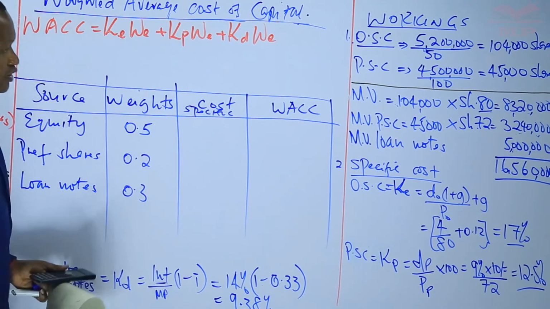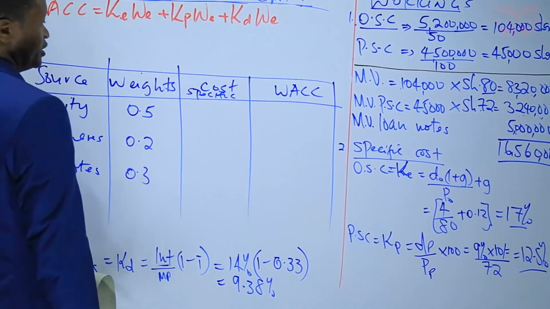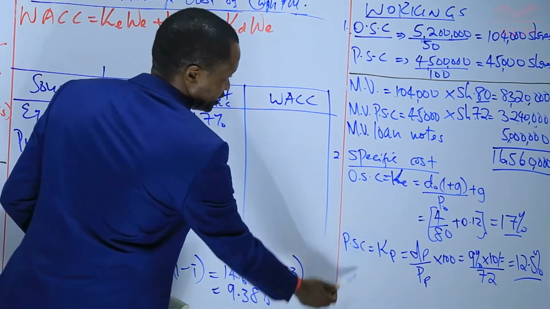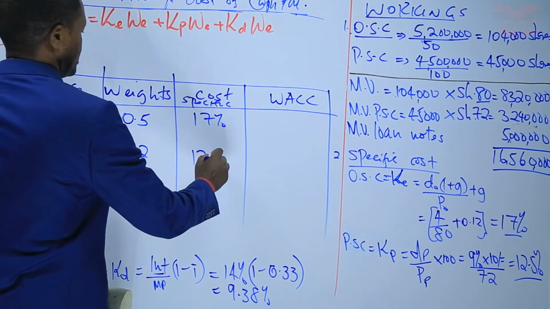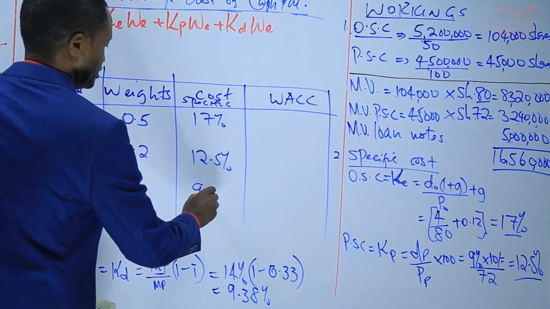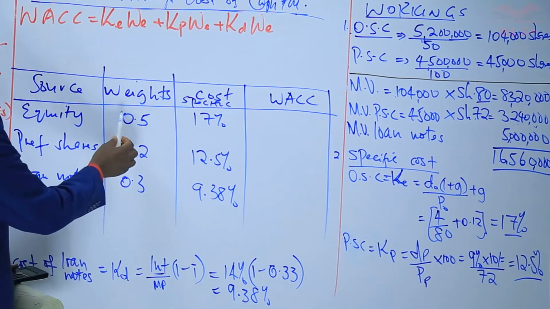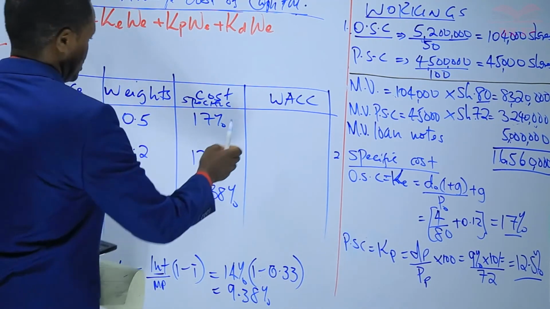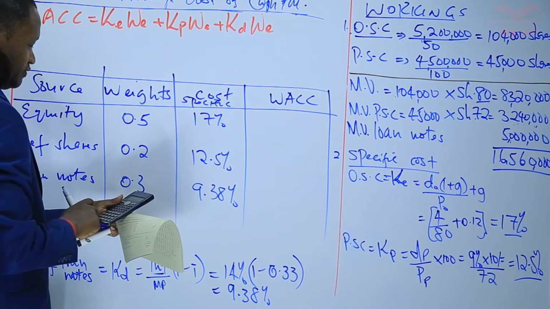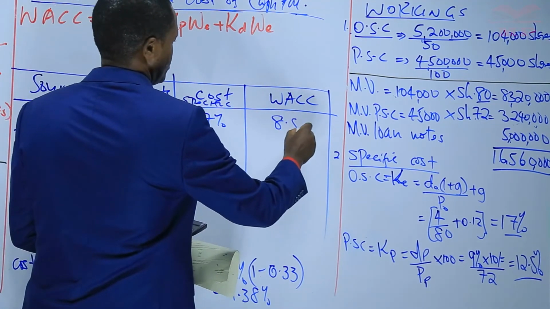So we have the specific costs. That is the cost of ordinary shares, 17%. Cost of preference shares, 12.5%. Cost of loan notes, 9.38%. So we'll multiply the weight times the cost. For ordinary shares, 0.5 times 17 is equal to 8.5.